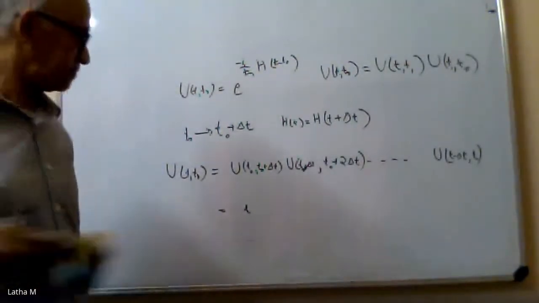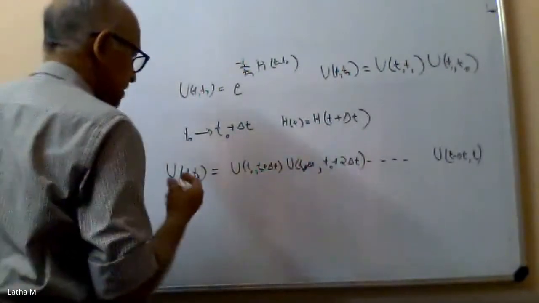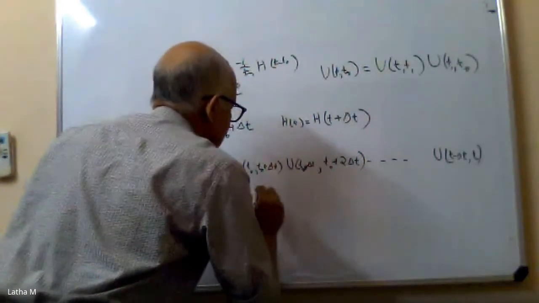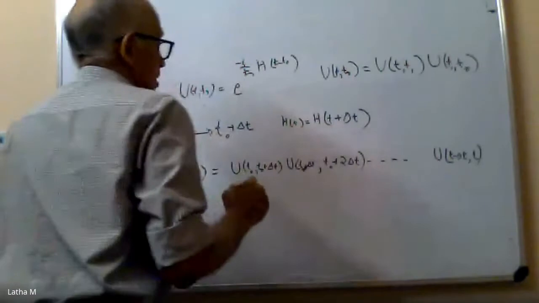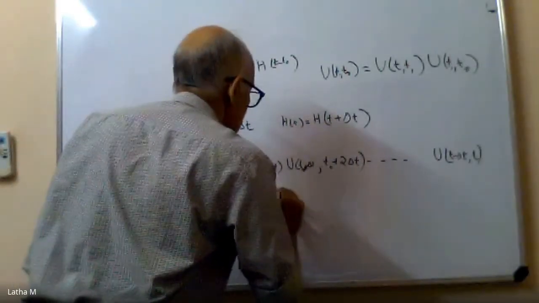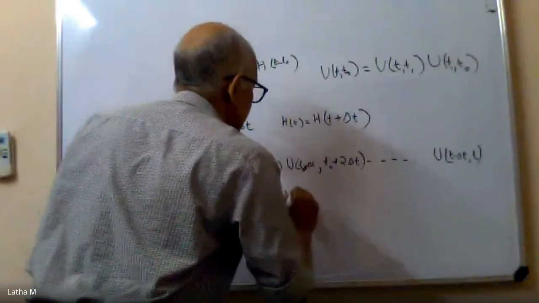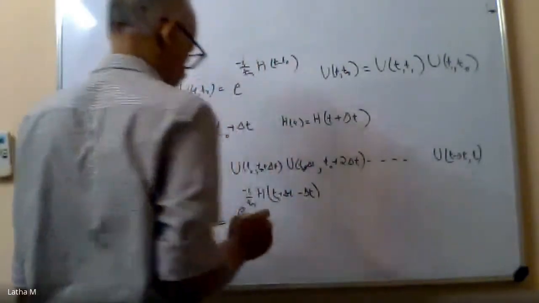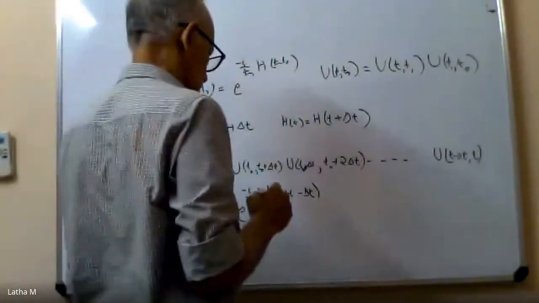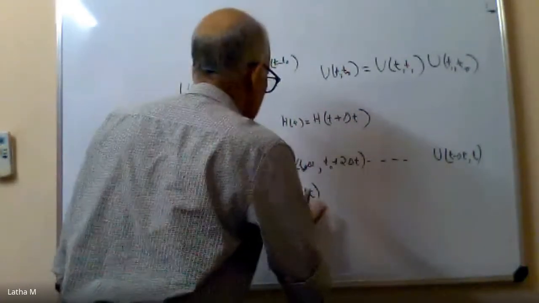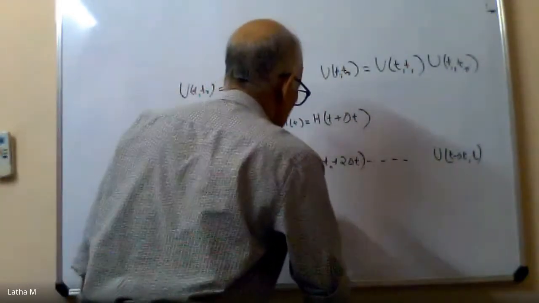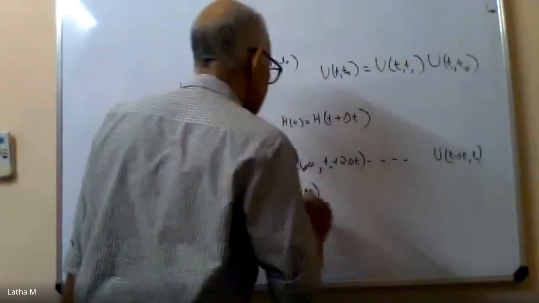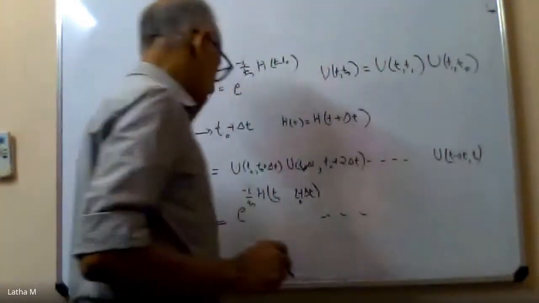I can write this as exponential minus i over h cut H(t0 plus delta t) delta t, and so on, with the last step being t minus delta t to t.